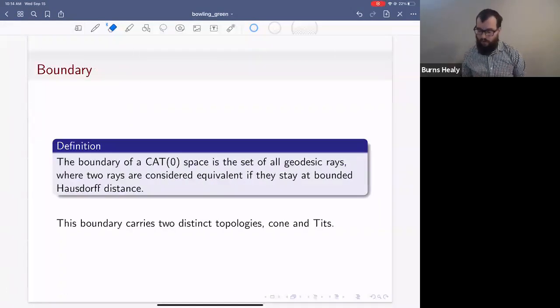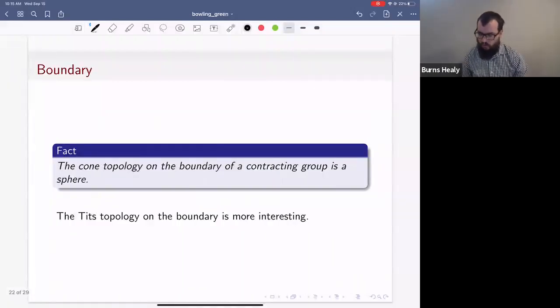To do this, we want to look at the boundary of these spaces. The boundary of a CAT(0) space is just the class of geodesic rays, where you consider two rays equivalent if they stay at bounded Hausdorff distance from each other. I've just described the set; you can give it two different topologies: a cone topology and a Tits topology. Turns out that the cone topology on the boundary of a contracting group is just a sphere. You can sort of imagine it, right?